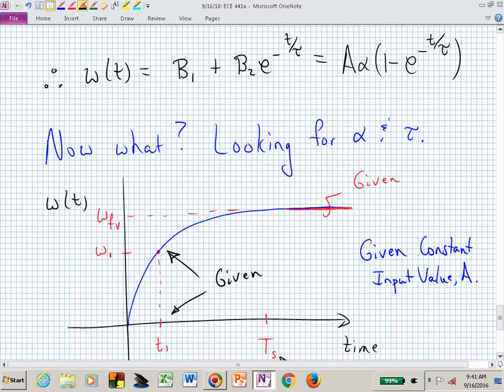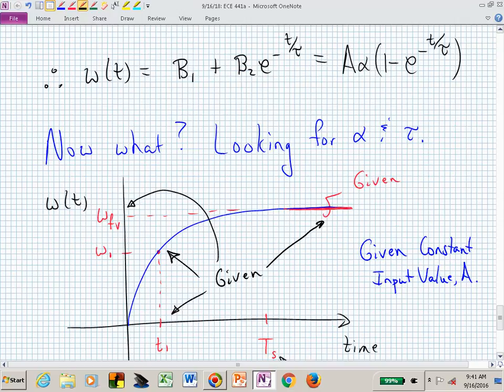Maybe I didn't make it too explicit. Well, I did. I told you that, didn't I? We were given omega final value. Can you find an expression for omega final value using that time domain expression for the shaft velocity or the angular rotation? Can you let t go to infinity?